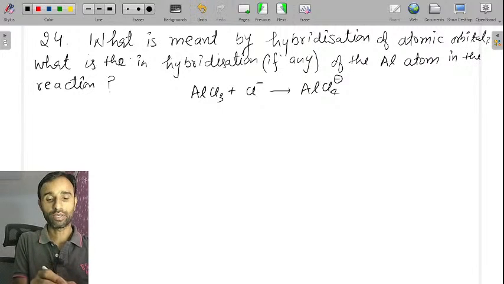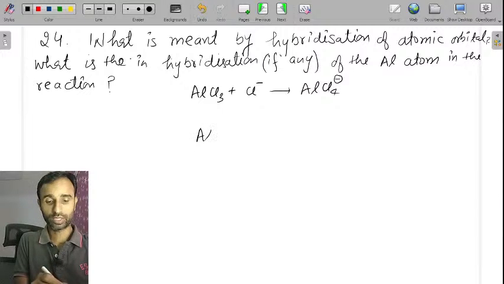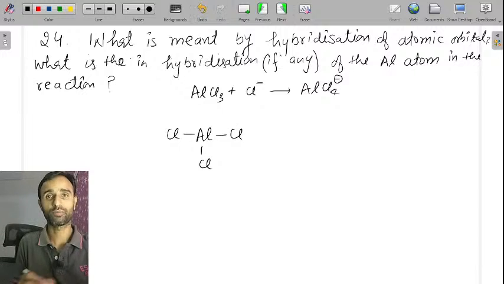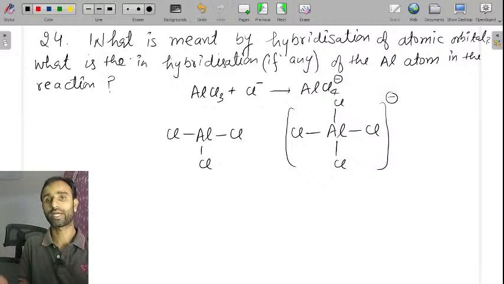Say aluminium is attached to 3 chlorines. Aluminium has 3 valence electrons. So it is Al, Cl, Cl, Cl. And in AlCl4 negative, it is Al, Cl, Cl, Cl, Cl, with 1 negative charge.